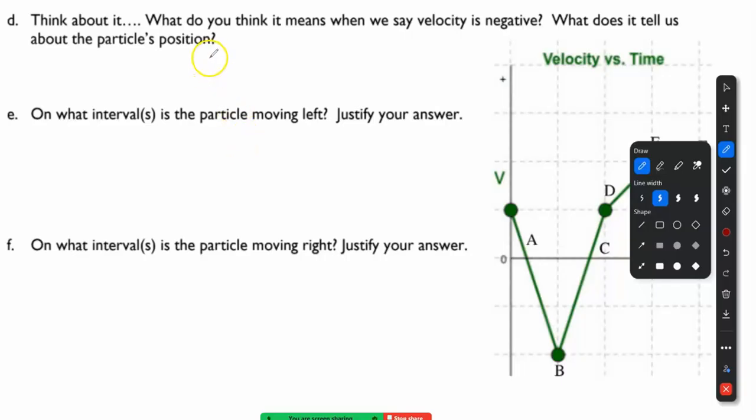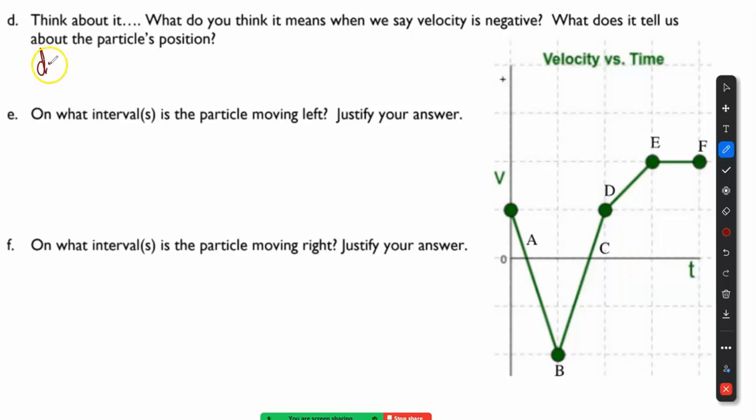Okay, what do we mean when we say velocity is negative? What does it tell us about the particle's position? If the velocity is positive, that tells us the position is moving to the right, and if it's negative, it means it's moving to the left. The sign of velocity tells us direction.